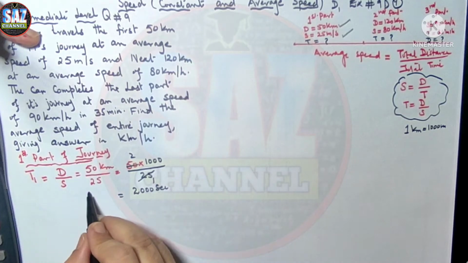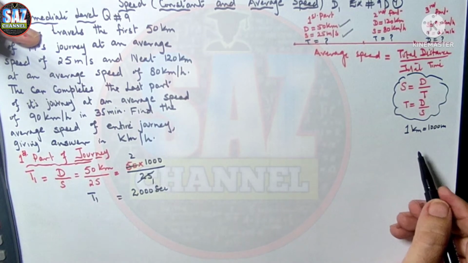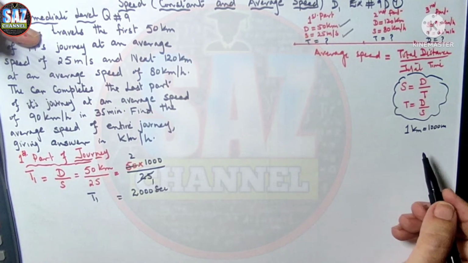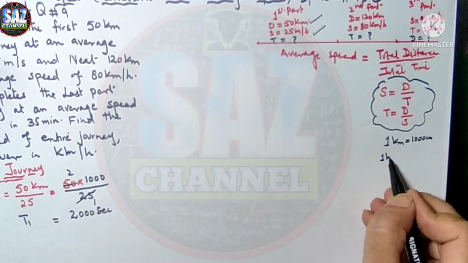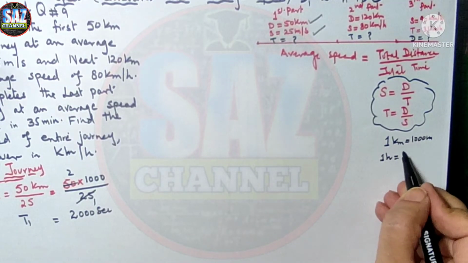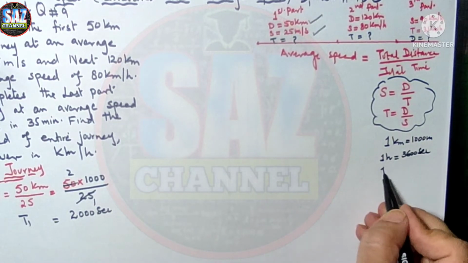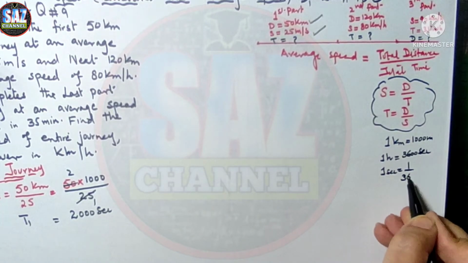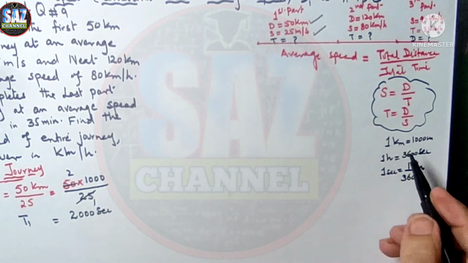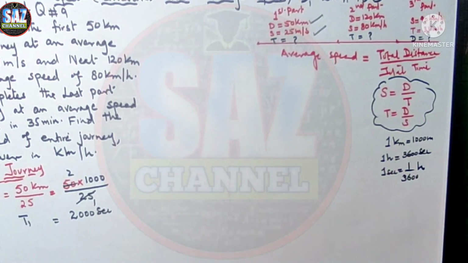T1 is in seconds, but I need the time in hours, because the requirement of the question is the speed in kilometers per hour. 1 hour has how many seconds? 1 hour has 3600 seconds, and 1 second will be equal to 1 over 3600 hours.